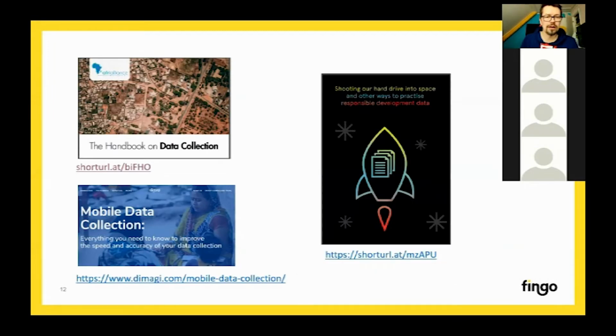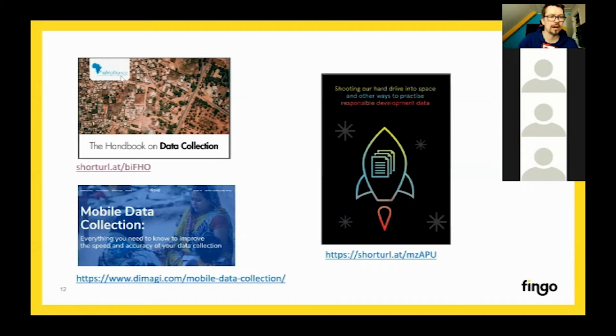So here are a few recommendations on handbooks and guidelines on starting and utilizing digital data collection. The one that I would particularly recommend to start with is the Handbook on Data Collection. You can just Google it.